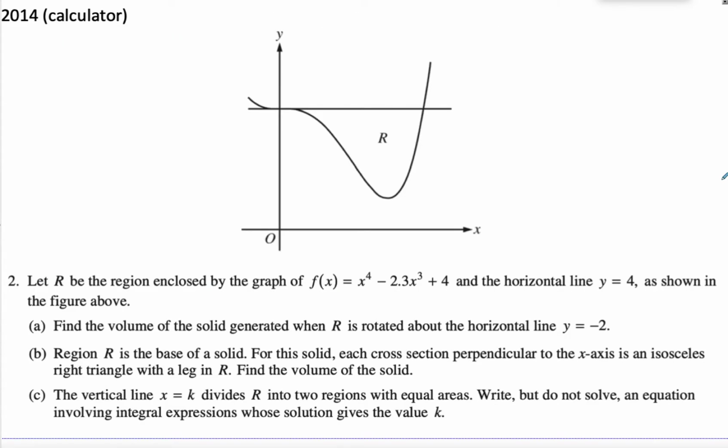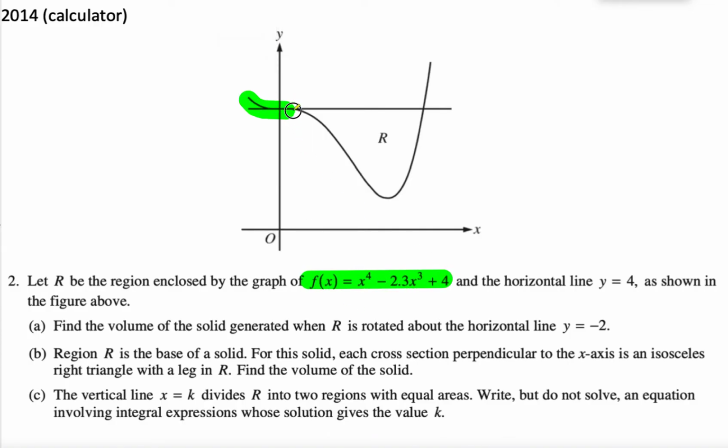Number 2 from 2014. For this question, we have to use a calculator. Let R be the region enclosed by the graph of f of x equals this one and the horizontal line y equals 4. Since this is a quartic function, I'm assuming f of x would have been this one.